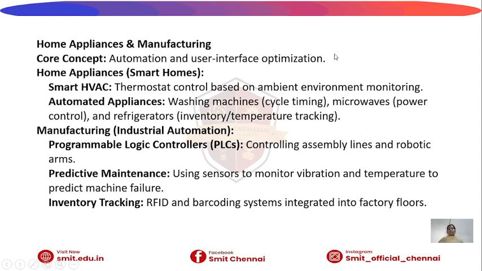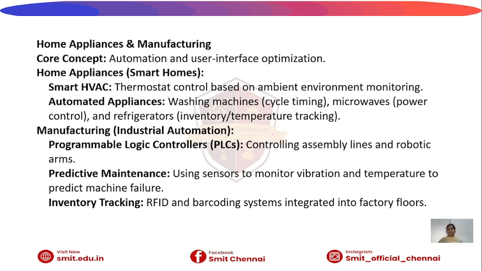The core concept is automation and user interface optimization. In home appliances there is smart HVAC and thermostat control, used in our refrigerator and AC, and automated appliances like washing machines and microwaves.